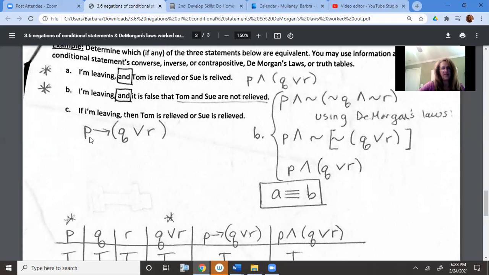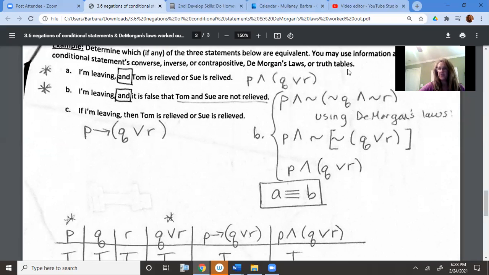If I'm leaving, that's P, then Tom is relieved or Sue is relieved, Q or R in parentheses. All right. Now that doesn't look anything like A and B, but in order to find out whether or not they are equivalent statements, I cannot use DeMorgan's laws because it doesn't deal with conditionals. So what we could do is use a truth table.